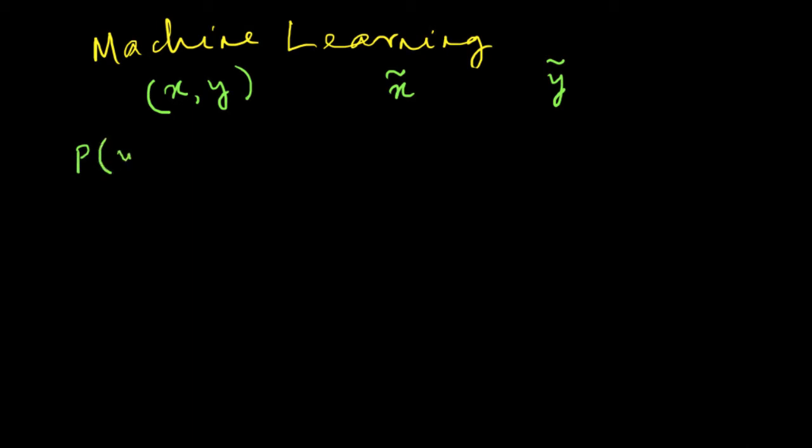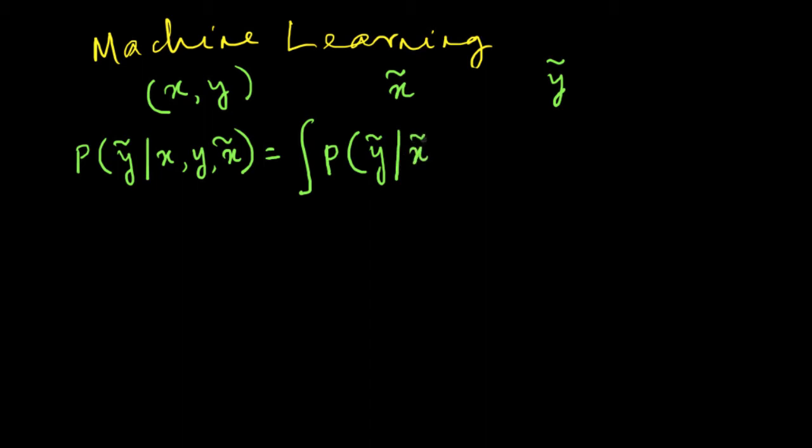So essentially, probability of y tilde given x comma y comma x tilde is given as an integration of the probability of y tilde given x tilde given rho, where rho are the parameter values of our machine learning model, multiplied by the probability distribution of the parameter values given the training data values integrated over all possible values of rho.